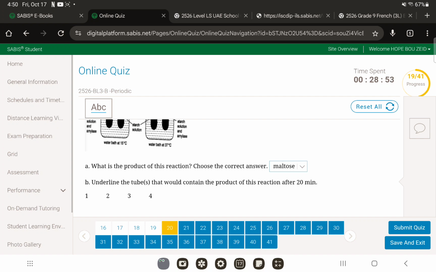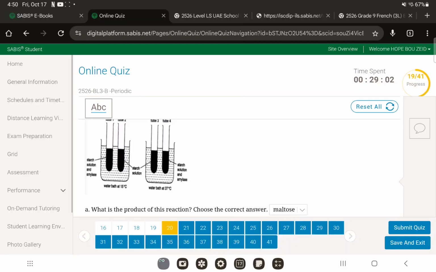The tube that would go through the reaction the fastest would be tube 4, because it has amylase and it is being heated to amylase's optimum temperature, which is 37 degrees Celsius.